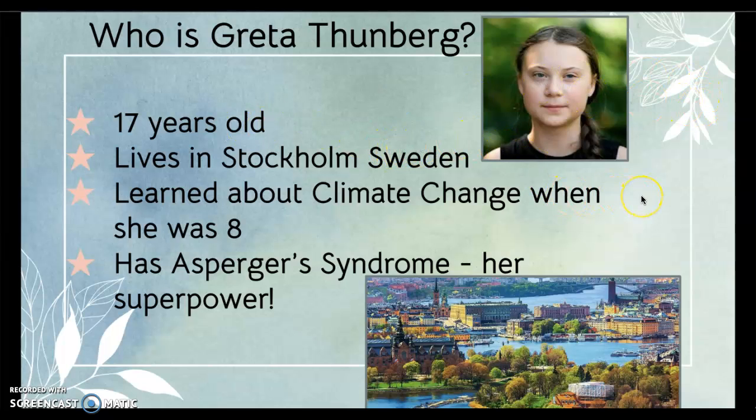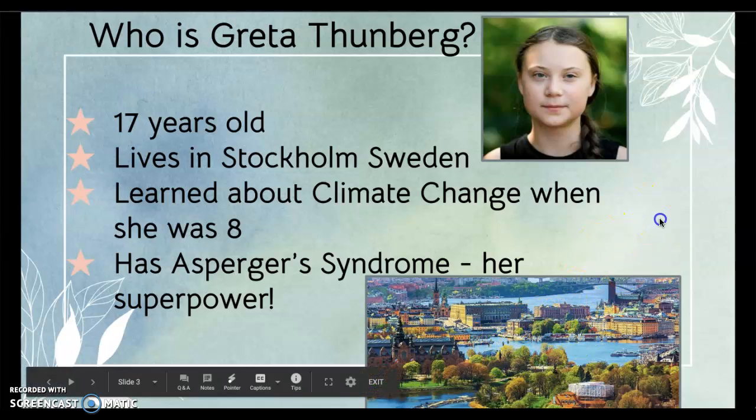I Googled and found some reliable articles that would give me this information. I used a Time magazine article as one source, and I also used a different magazine source. Greta is 17 years old. She lives in Stockholm, Sweden. She started learning about climate change when she was 8 years old. She has Asperger's syndrome, which she calls her superpower. And here's a picture of Stockholm, Sweden.